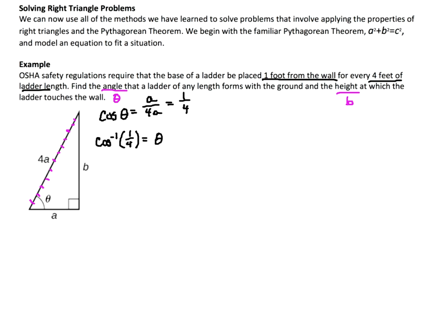And when I put that into my calculator, we're giving these angles in degrees, so make sure that your calculator is in degree mode for this particular problem, we get that theta is approximately 75.5 degrees. So this is the angle the ladder forms with the ground.